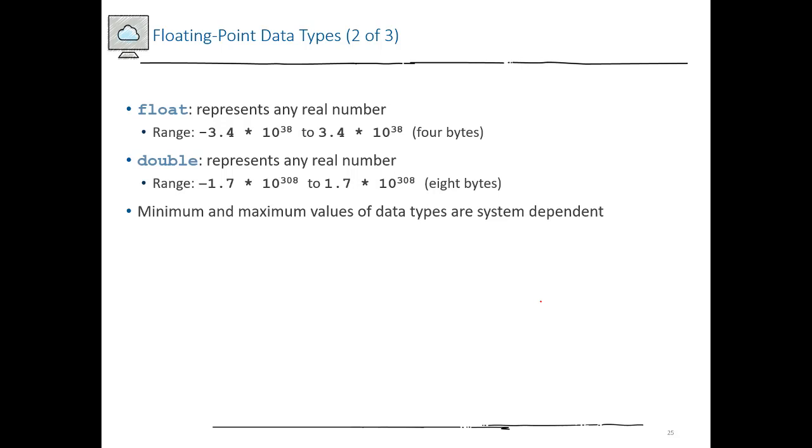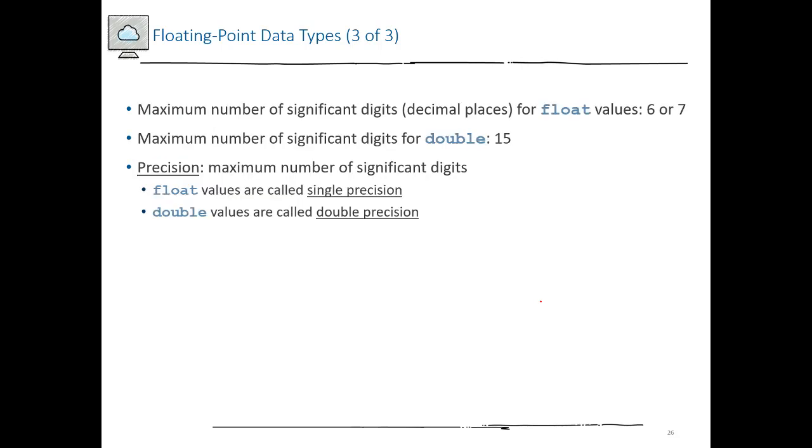But if you are very, very sure that your range is not going to exceed 10 to the power of 38, then go with float. But double is a safe way to set up the values. Next, let's look at the maximum number of significant digits, decimal places, for float, which is 6 or 7.